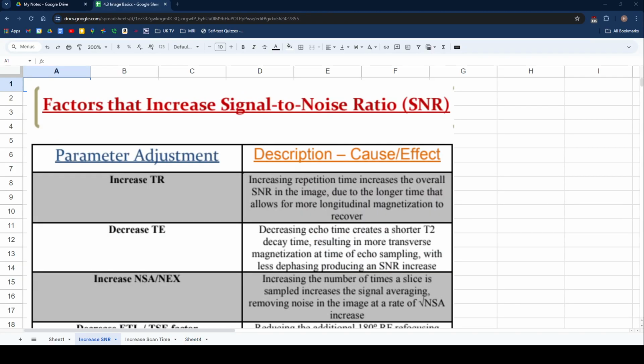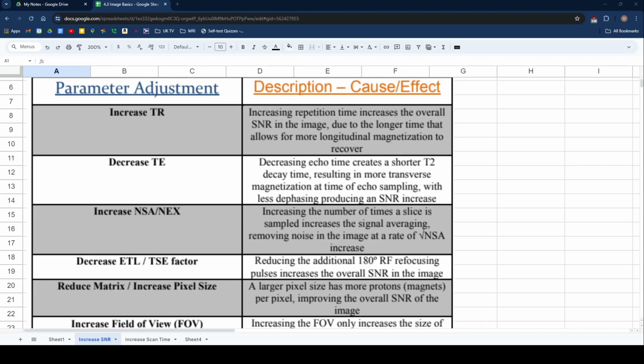Okay, all of these factors will increase your signal to noise ratio. An increase in your TR, because there's more time for the longitudinal magnetization to recover. Decreasing your TE will create a shorter T2 decay time, more transverse magnetization at the time of the echo sampling, less dephasing, producing an SNR increase.